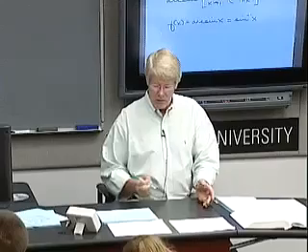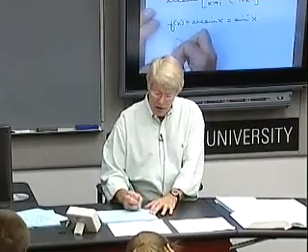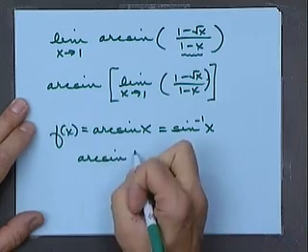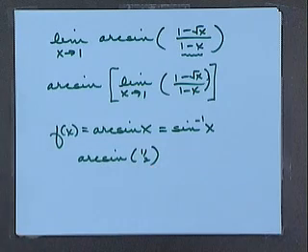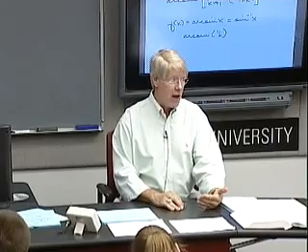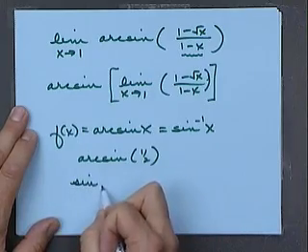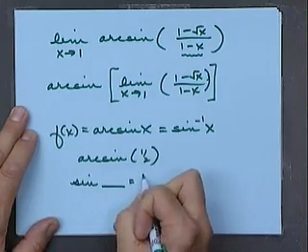Let's say we had the arc sine of, I don't know, 1/2. There we go. That's exactly right. You're looking for the angle, or angles in this case, that have 1/2 for their sine, right? The sine of something is 1/2.